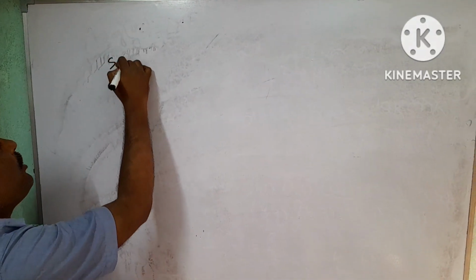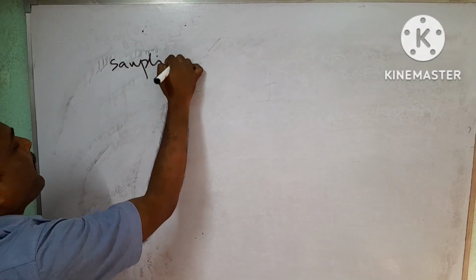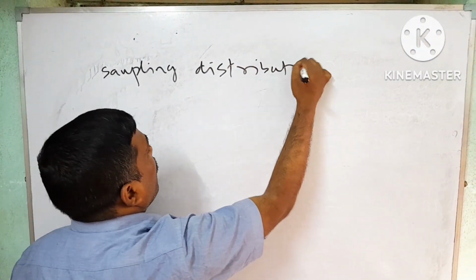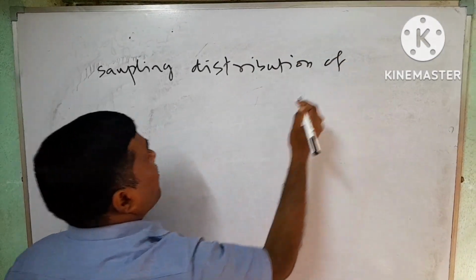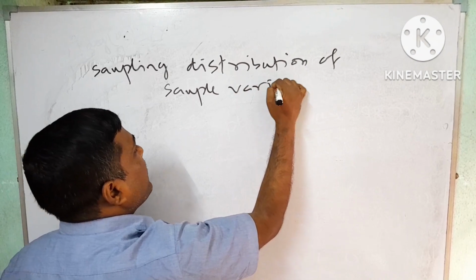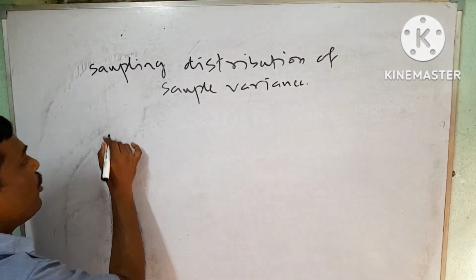Now, the sampling distribution of sample variance. What are the samples?